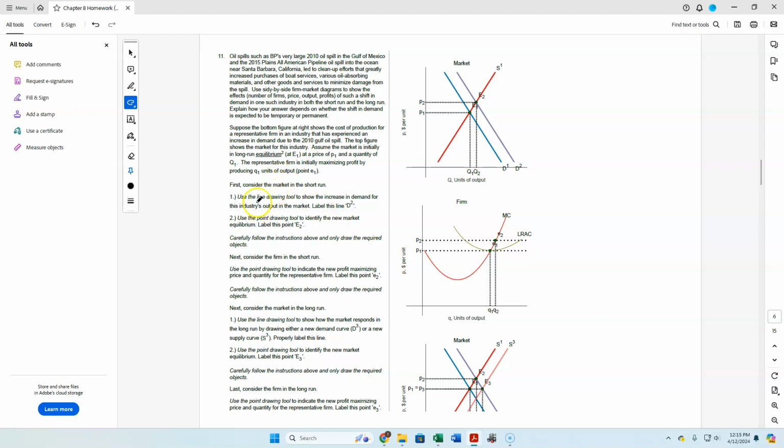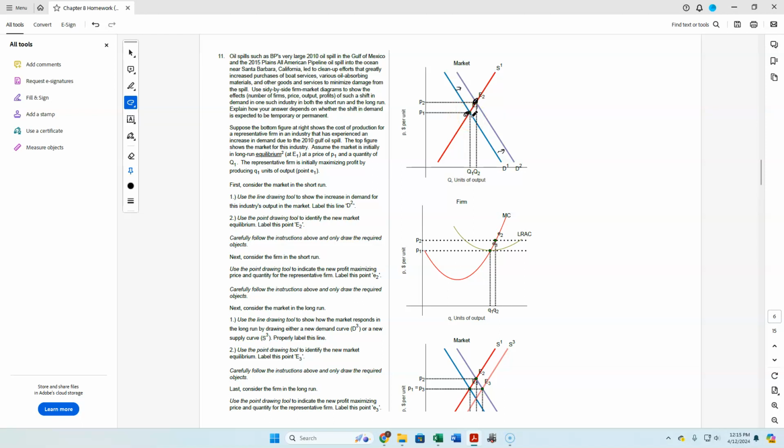Okay, so first thing we want to do is show the increase in demand. And we would see that right here, right where they're shifting out the demand function. Then we would identify that new equilibrium point as being right here, as opposed to the old equilibrium point having been right there.